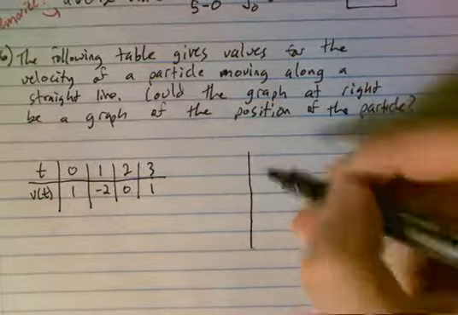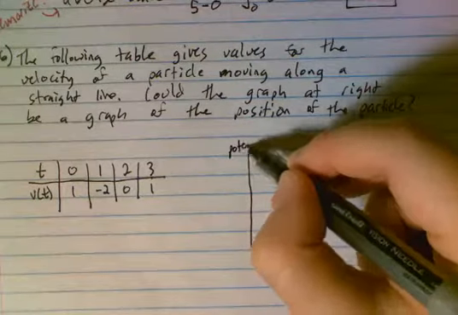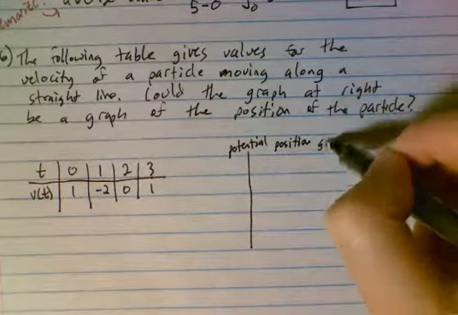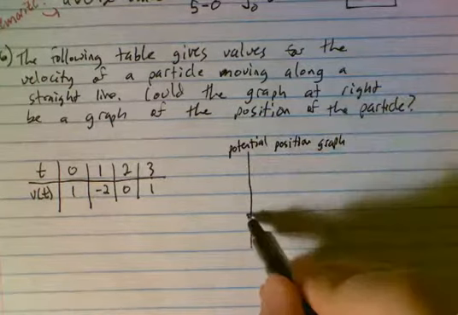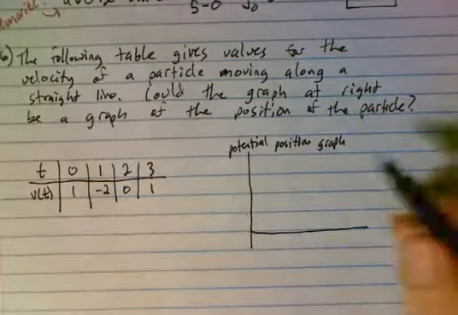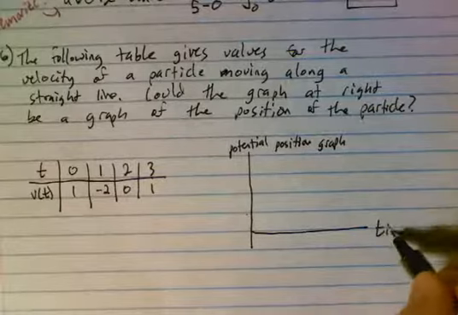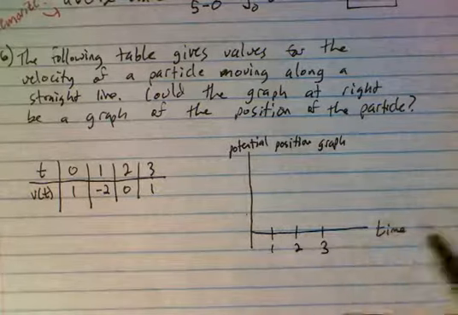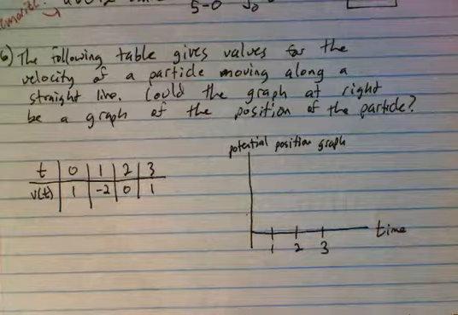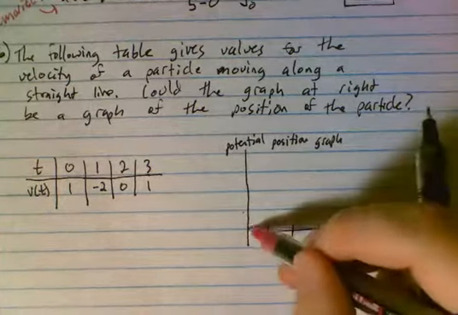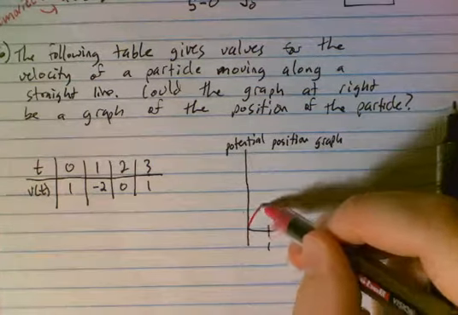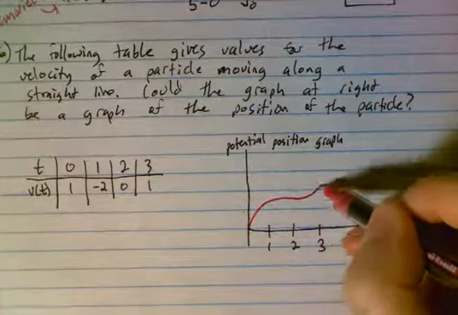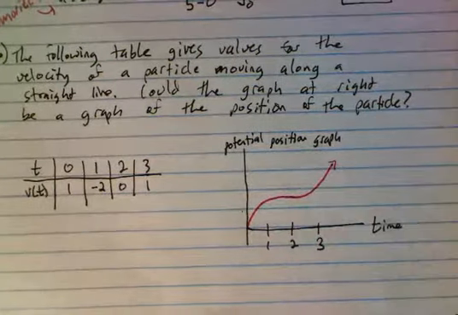And here's the potential position graph. And it starts out like this. That kind of curves up over there, flattens out, curves back up again.